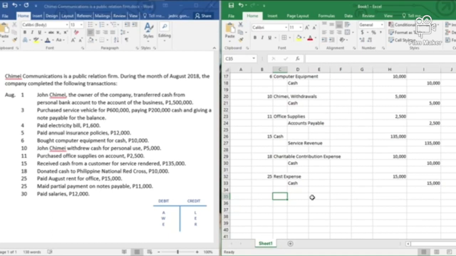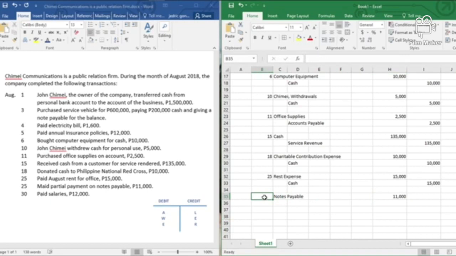So, ngayon, nabawasan ang utang nila na under notes payable. Notes payable is a liability. Kapag nababawasan si liability, sa kabila. So, ide-debit mo daw si notes payable. But for how much? That is 11,000.